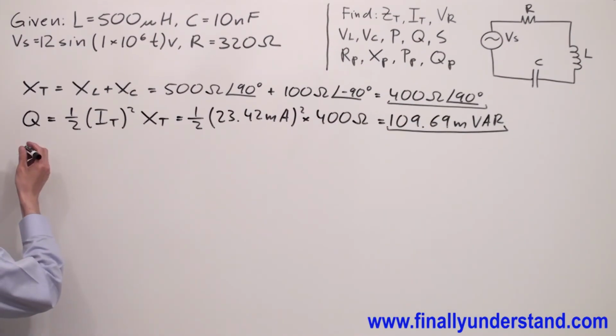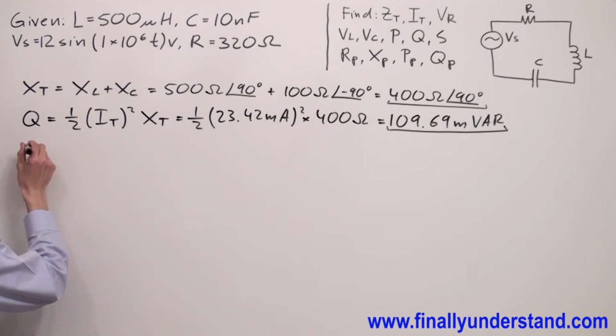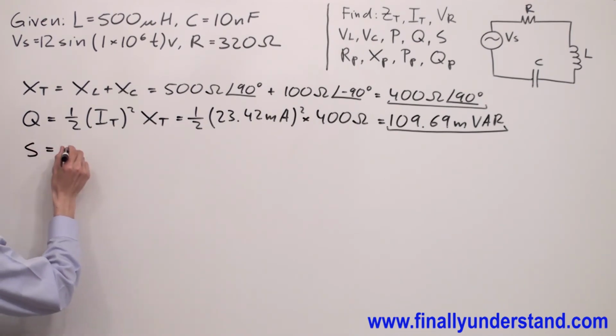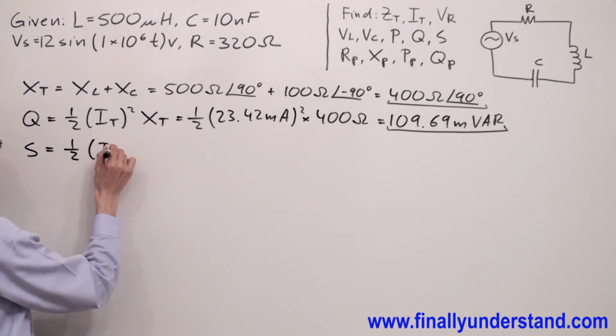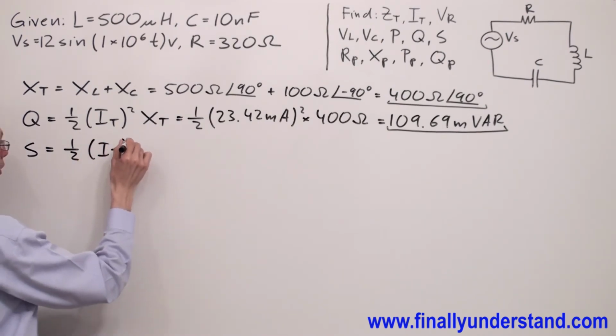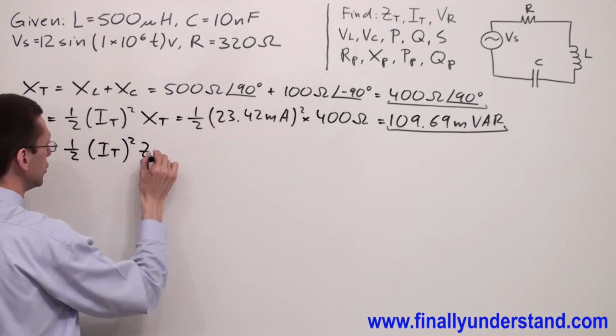Next, we're supposed to find the apparent power. S is equal to 1/2 I total raised to the second power times Z total.